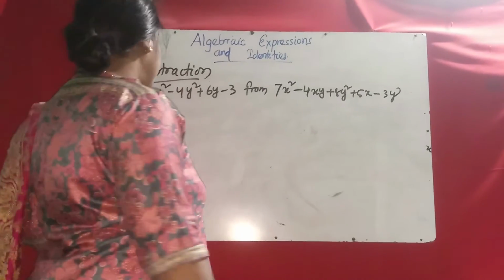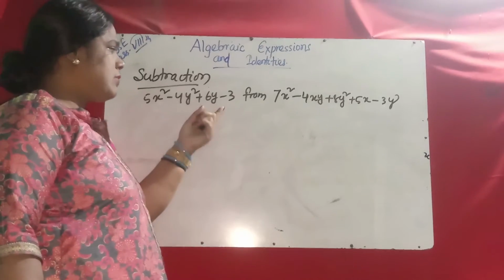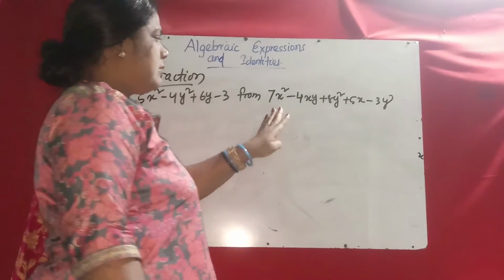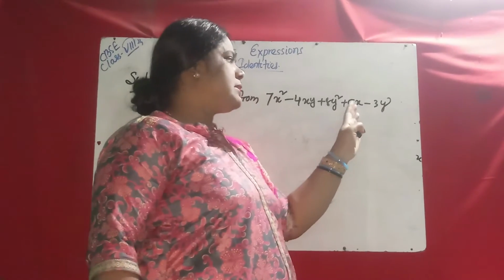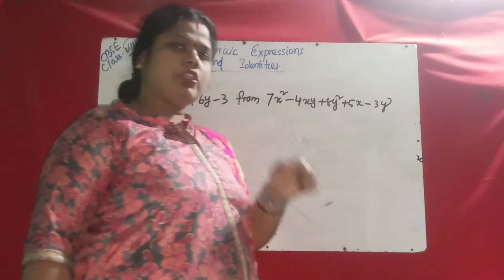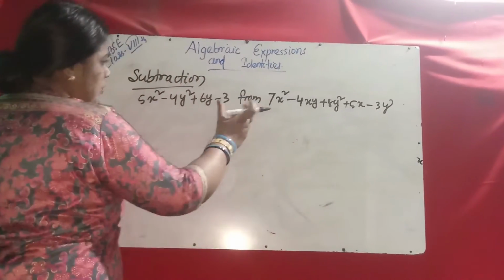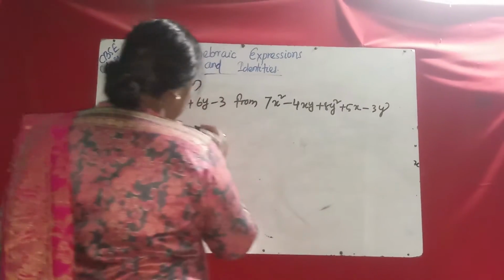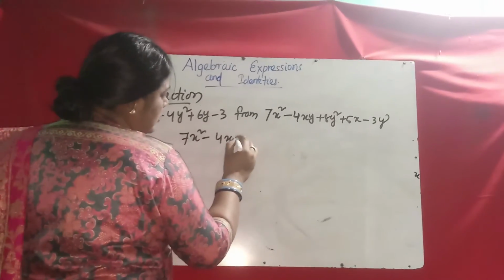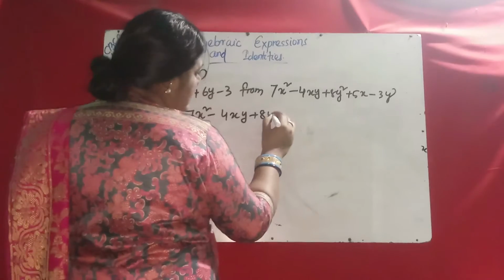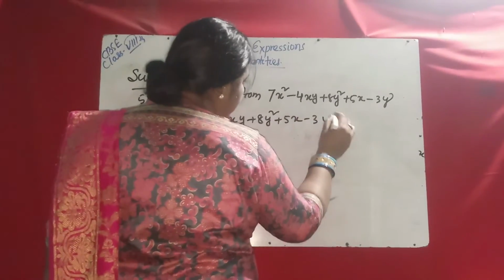Now how to do subtraction. Subtract 5x square minus 4y square plus 6y minus 3 from 7x square minus 4xy plus 8y square plus 5x minus 3y. Here also you arrange according to like terms. From this means first you write this expression: 7x square minus 4xy plus 8y square plus 5x minus 3y.